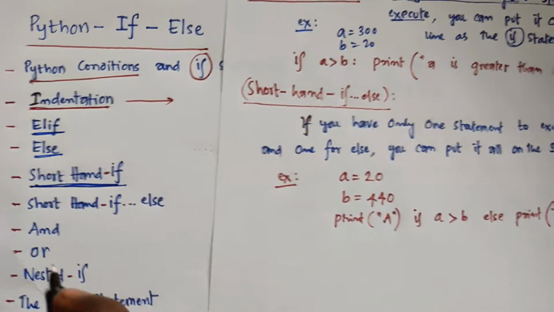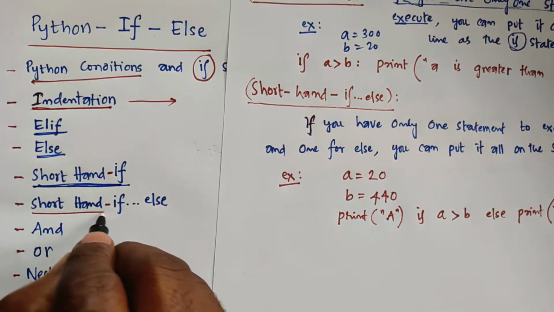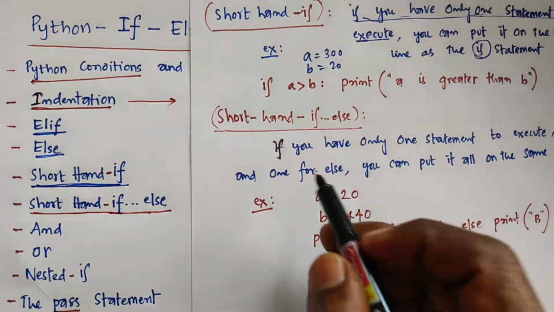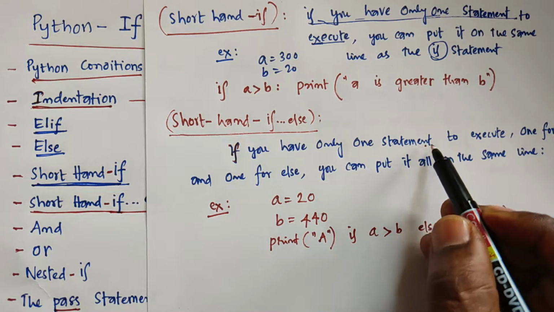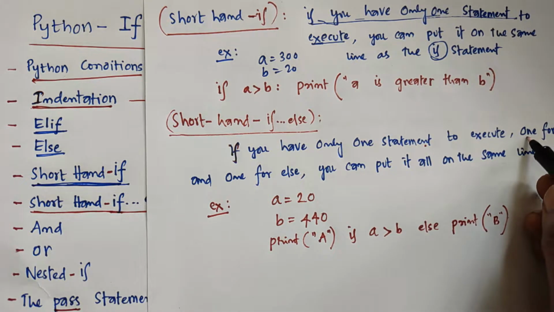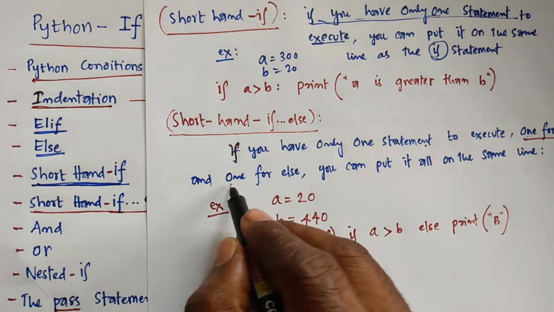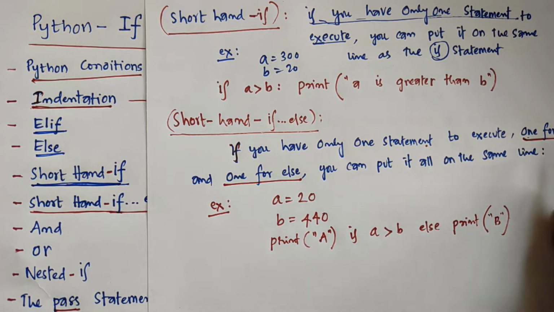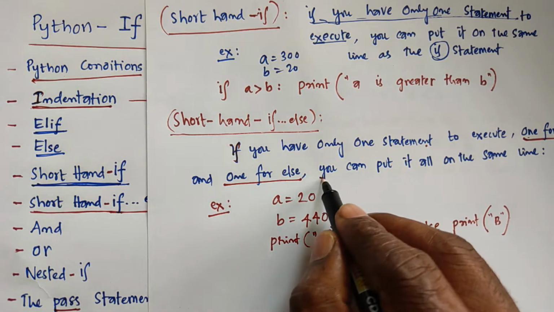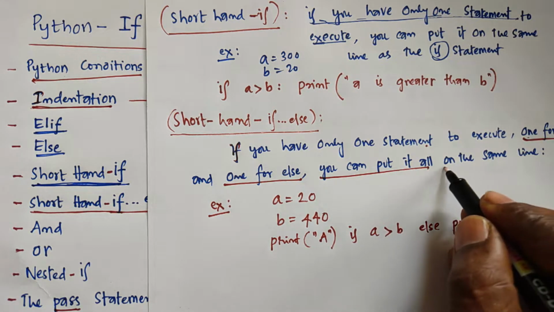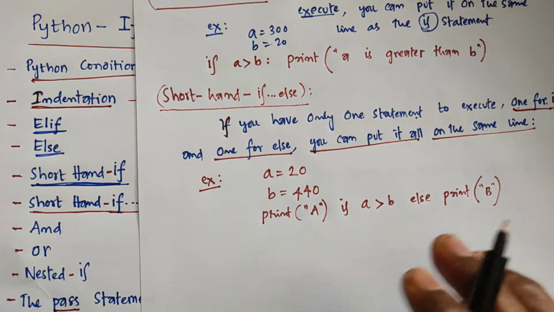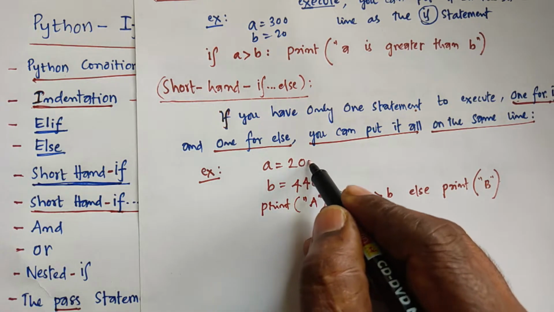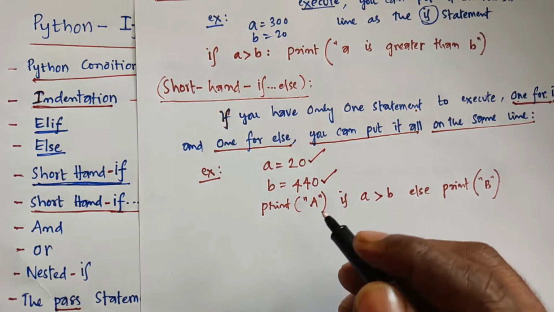Next one is shorthand if else. Here, if you have only one statement to execute, one for if and one for else, only one time you may use if and one time you may use else. You can put it all on the same line. For example, A is equal to 20, B is equal to 440.